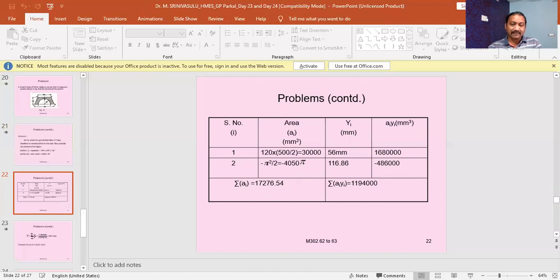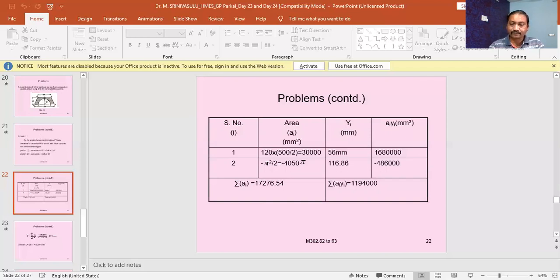The algebraic sum of sigma a into y is nothing but subtracting the value of the second part from the value of the first one: 168,000 minus 486,000, which becomes 119,4000.